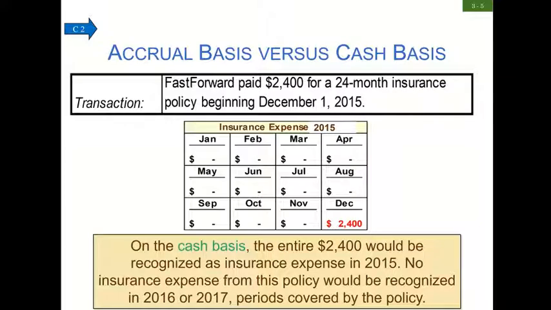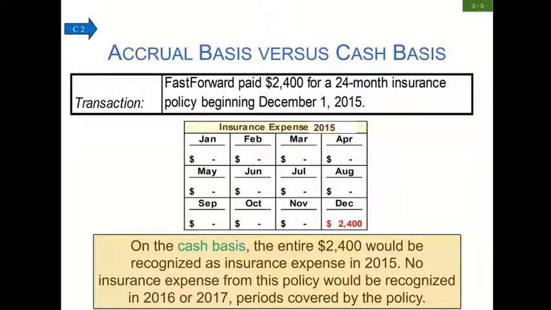For example, Fast Food paid 2,400 for a 24-month insurance policy beginning December 1st, 2005. If the company is following a cash basis, the entire amount of 2,400 will be recognized at the point of payment, which is when the company pays the insurance.